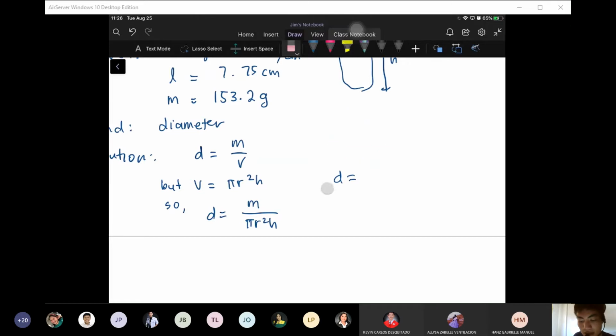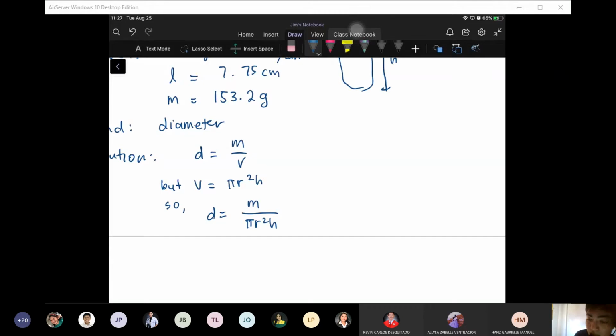So, we may not have diameter in this equation, but we can get the radius first to get the diameter. So, yun yung first technique, no? After writing your equation, you have to think, where is the missing variable? Where can it be found?